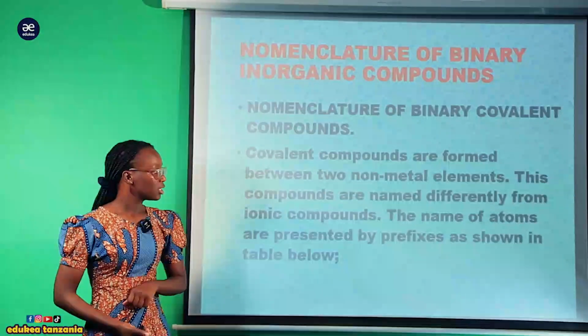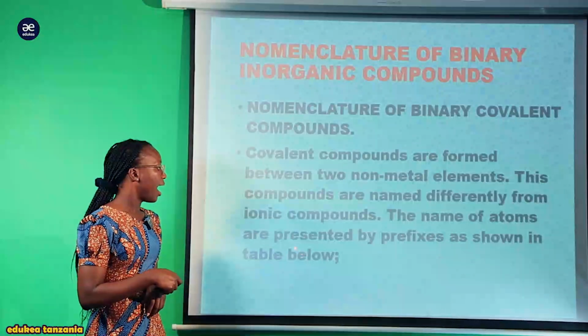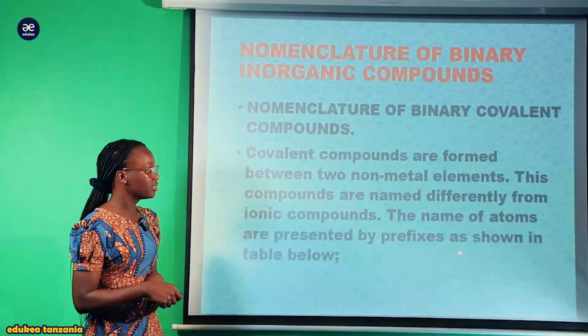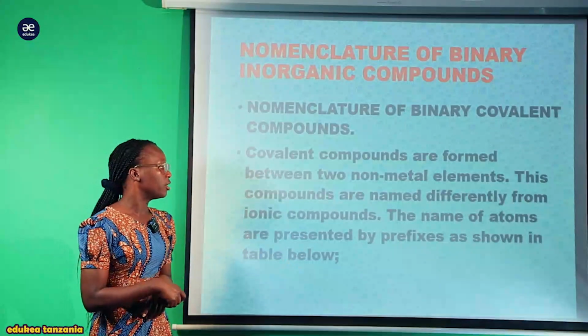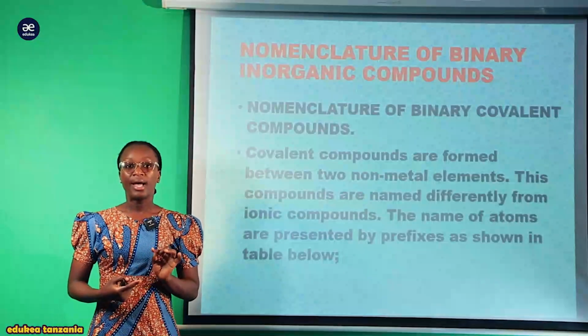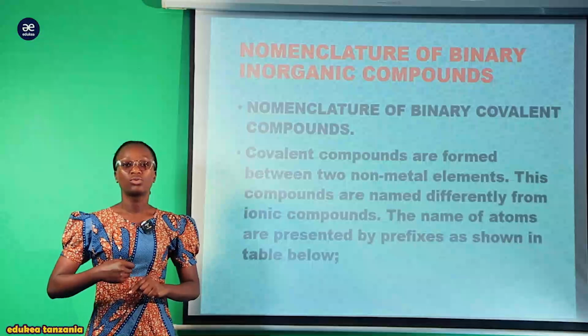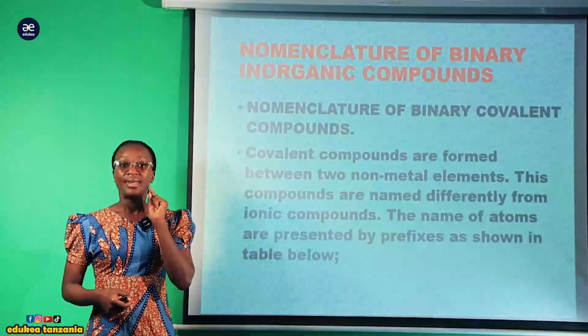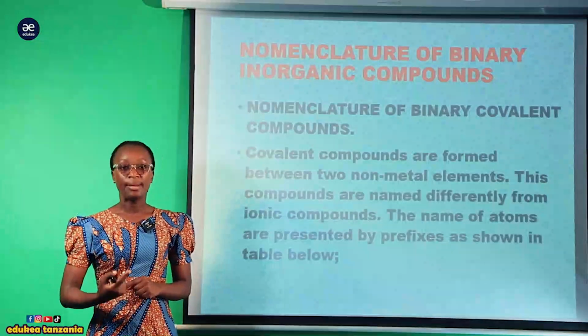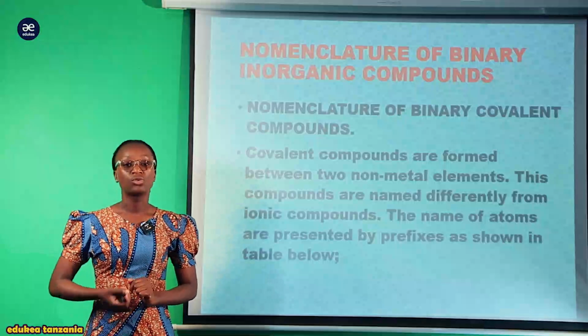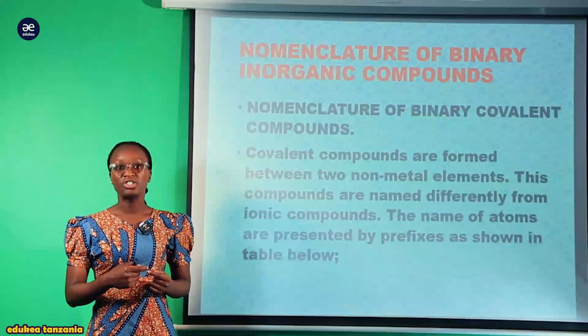The name of atoms are presented by prefixes as shown in the table below, kwamba hapa tunaconsider prefix. Kule kwenye ionic compound tunaconsider the suffix of the nonmetal of the second part of our formula, lakini hapa tunakwenda kuconsider the prefix, kiambishi awali.